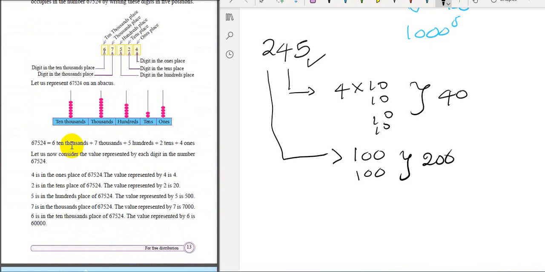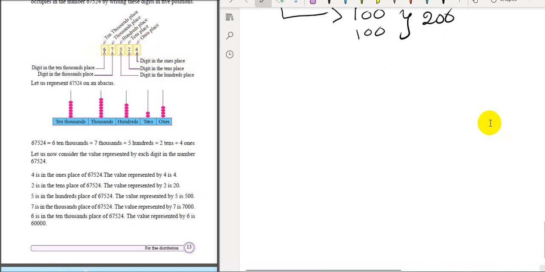Okay, we'll move to this part. Ones place, tens place, hundreds place, thousands place, and ten thousands place. Digit in the ones place, this is the digit. Okay, we learned earlier, 6, 7, 5, 2, 4.